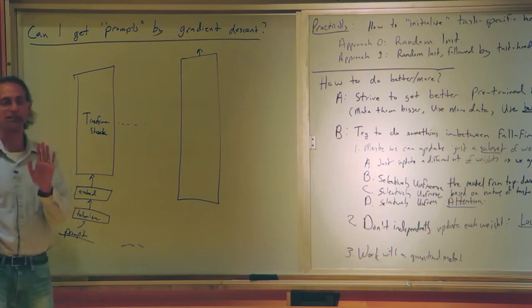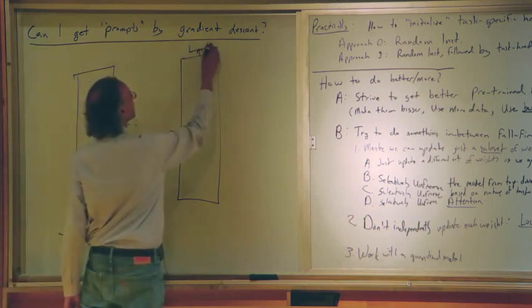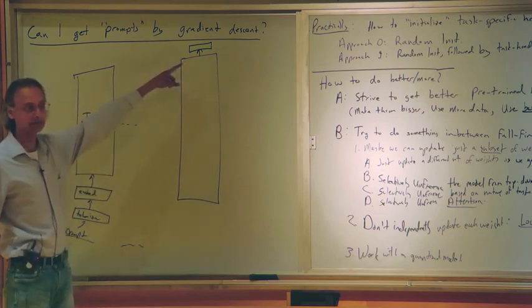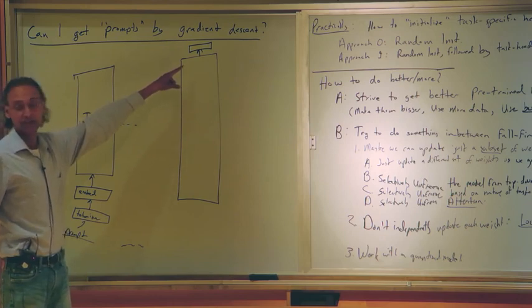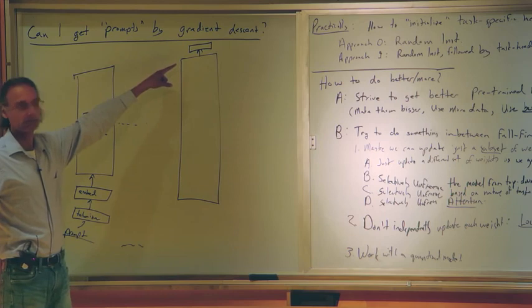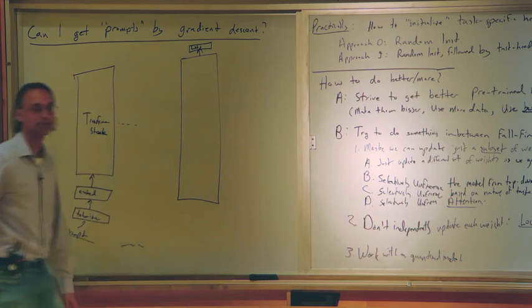For simplicity, let's think about this case. If my answer is one token, then I ask this thing to generate something. It gives me a bunch of probabilities for generating the next token. Suppose I could put a loss function on that for my task.